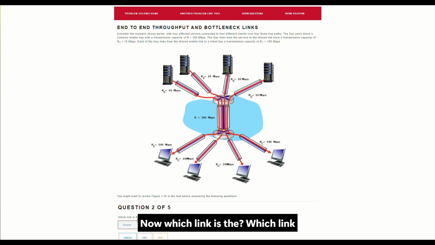Now, which link is the bottleneck link? To define a bottleneck, it is basically the part that is not able to catch up to the rest, which means the item holding back everything from being used to its full potential.